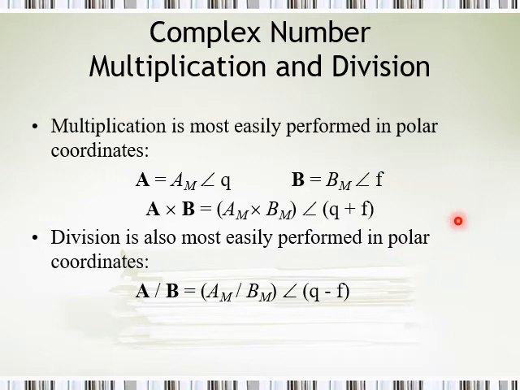However, using a certain calculator, we can do any operation, either multiplication, division, addition, or subtraction, straight away without the need of conversion from rectangular to polar or polar to rectangular.